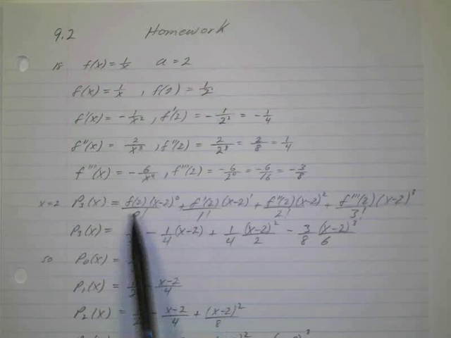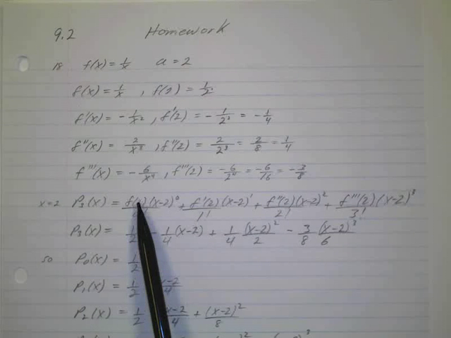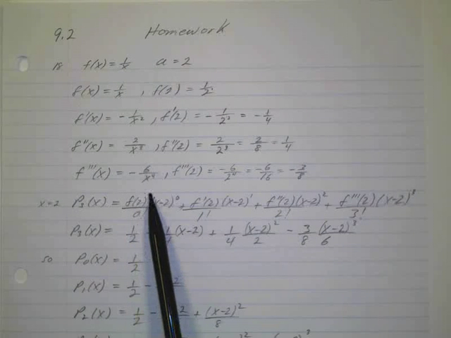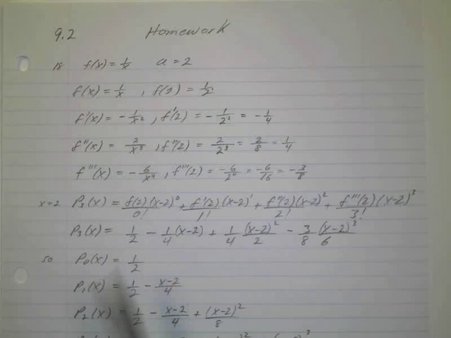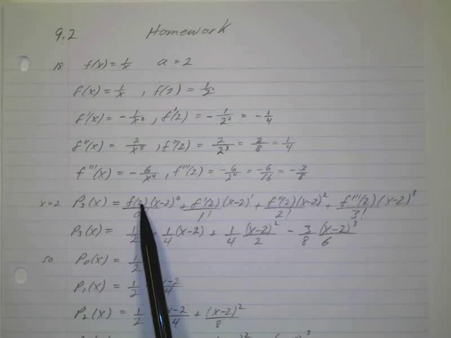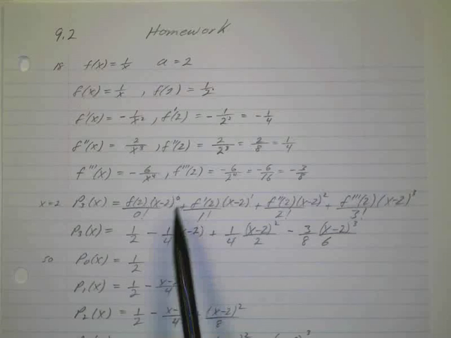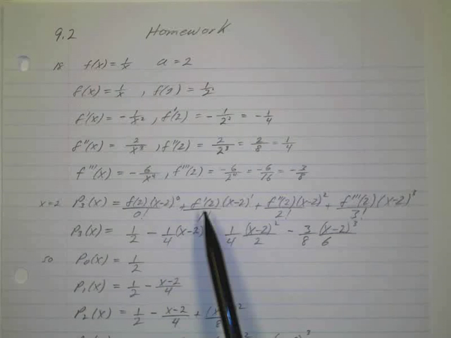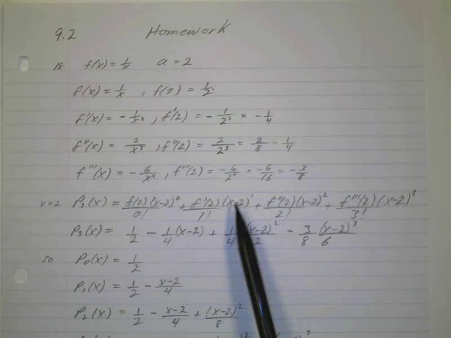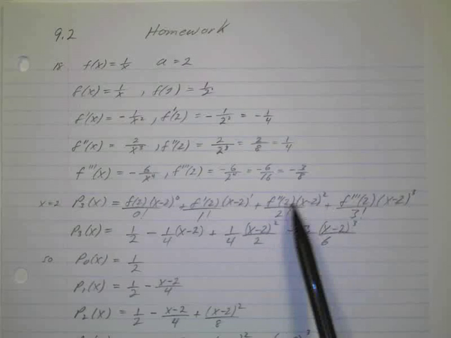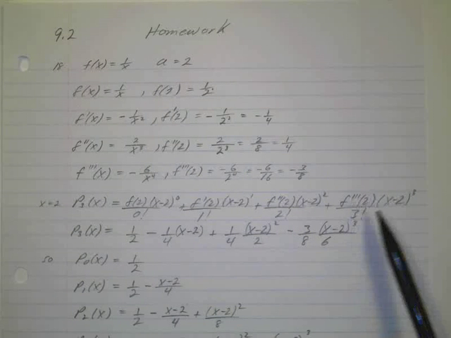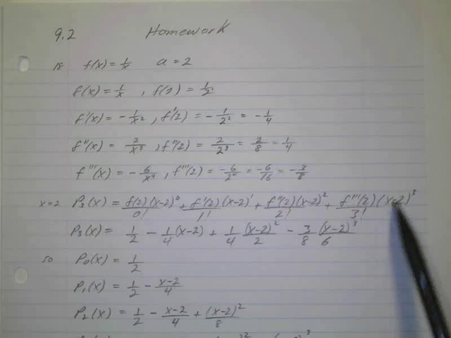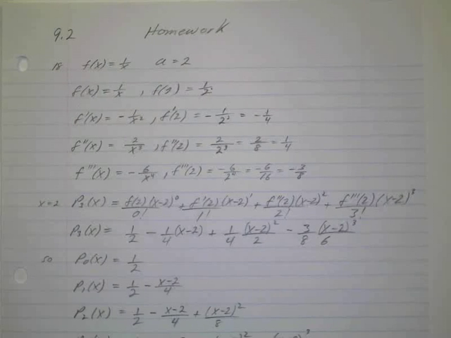So it's f of 2 over 0 factorial, then f prime of 2 times x minus 2 to the first, f double prime of 2 times x minus 2 squared over 2 factorial, f triple prime of 2 times x minus 2 to the third power over 3 factorial.